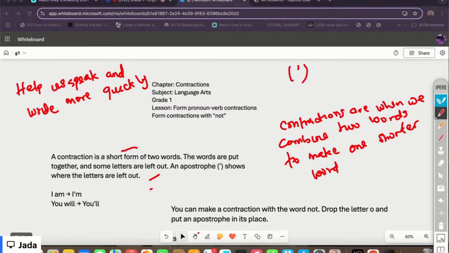Okay, so we have some examples here of contractions. We have here I am. So I am is shortened to I'm.